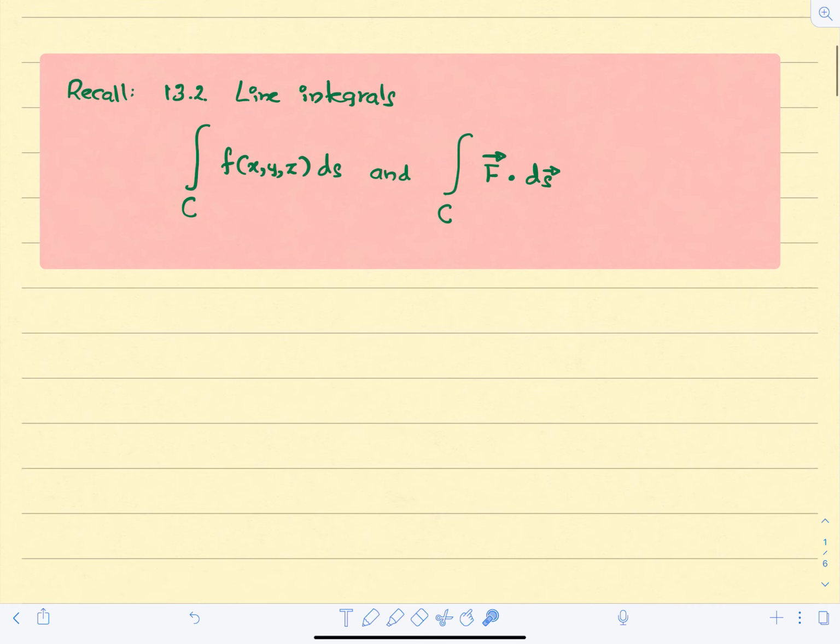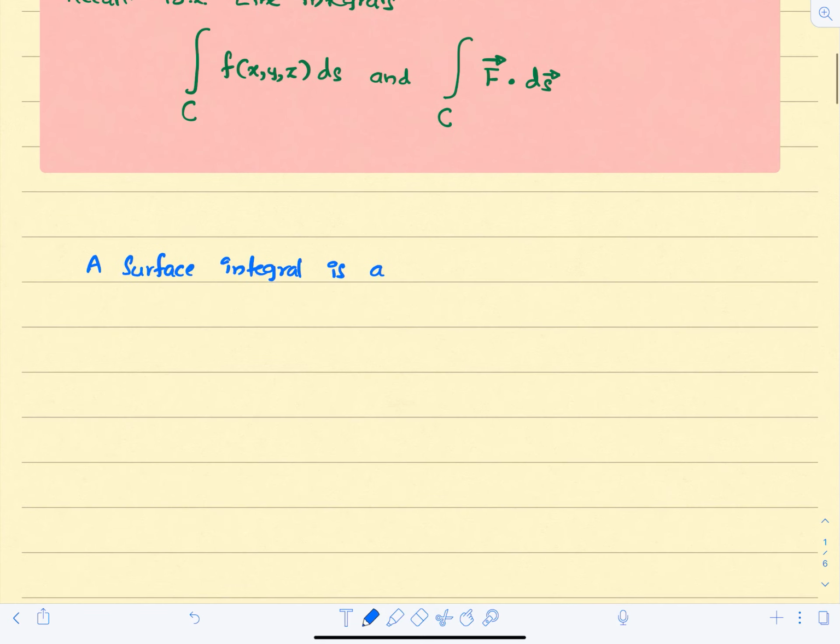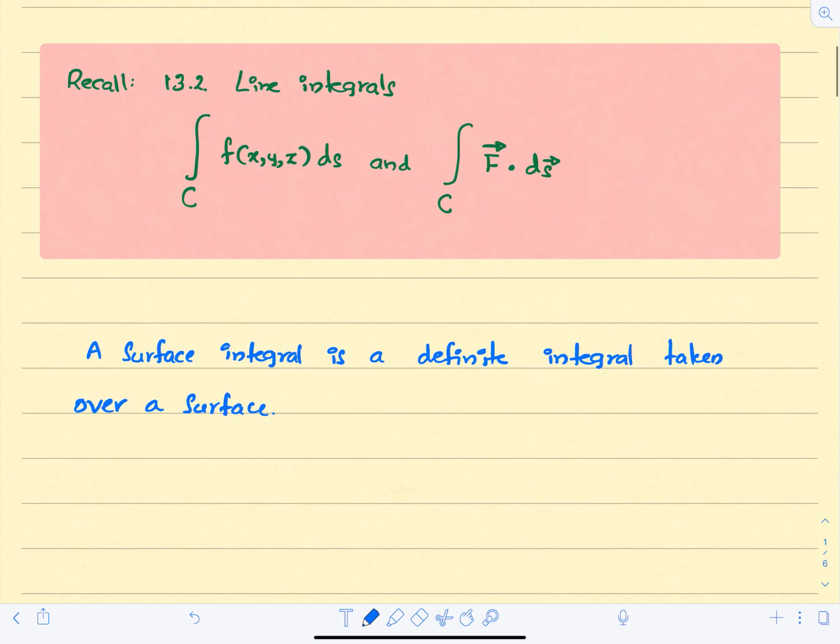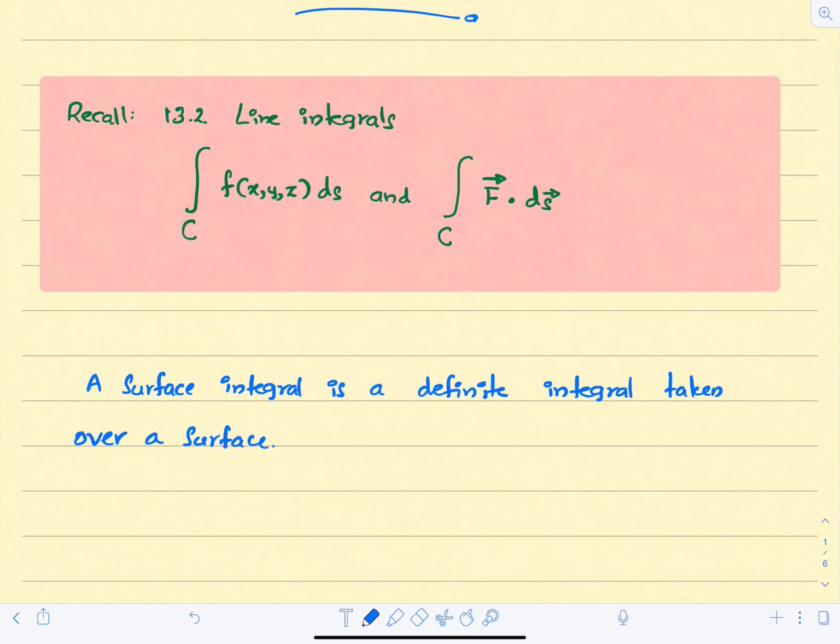So a surface integral is a definite integral taken over a surface. So this one is very similar to 13.2. Now instead of a line, we have a surface.